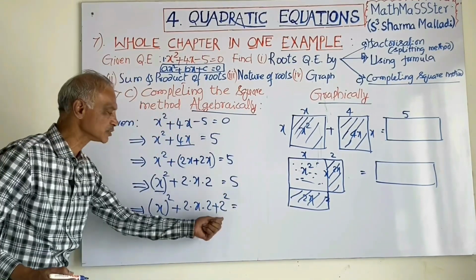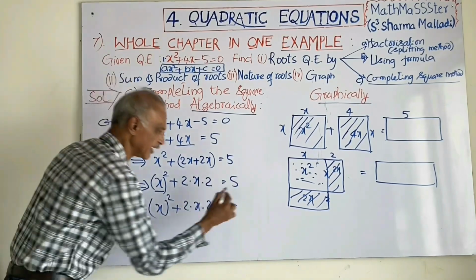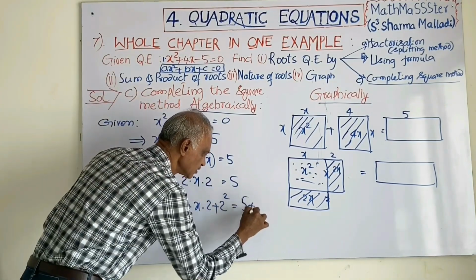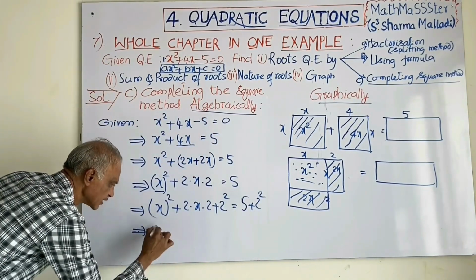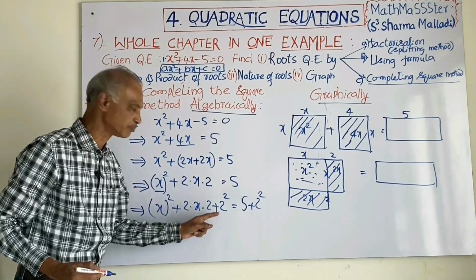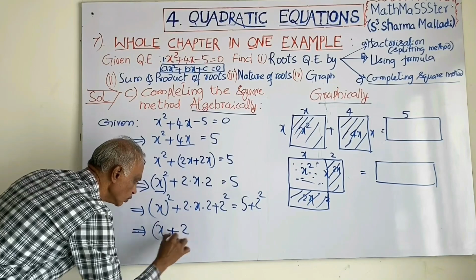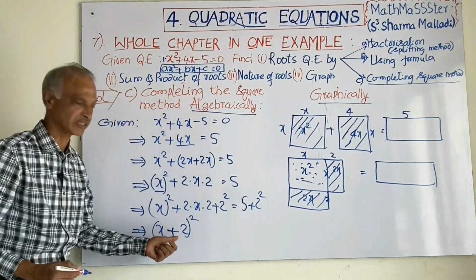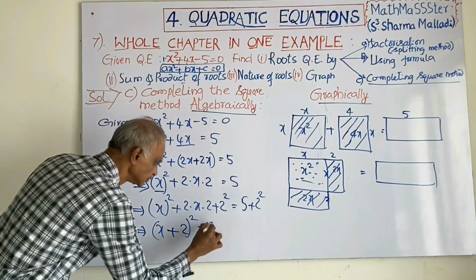Similarly, if you add 2 square here, you have to add 2 square that side, right? RHS 5 plus 2 square. Now a square plus 2ab plus b square can be written as a plus b whole square, so x plus 2 whole square is equal to 5 plus 4, 9.